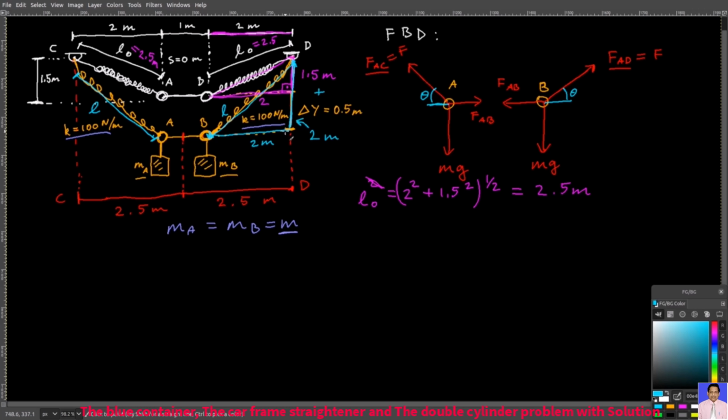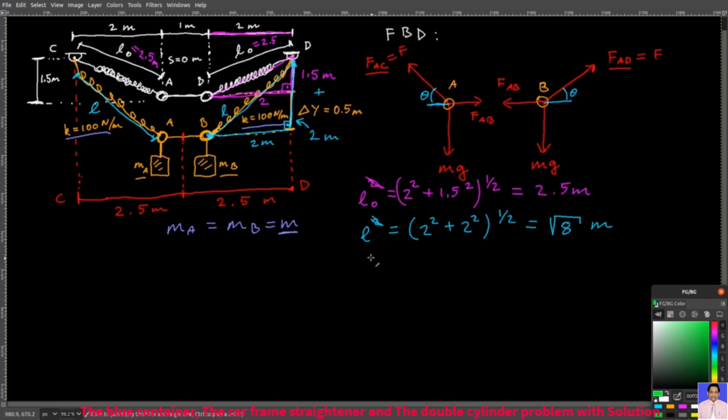So it's 2 meters here. And of course, this is a right triangle, so L squared equals 2 squared plus 2 squared, and if you take the square root of it, then it's square root of 8 meters.